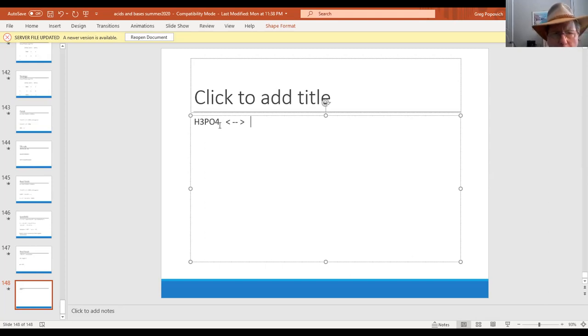So I mix this with water and I make H2PO4, but now this has a minus charge because I've taken one of the protons away, plus H3O. That makes sense. Now, I'm going to grab the second one out of there.